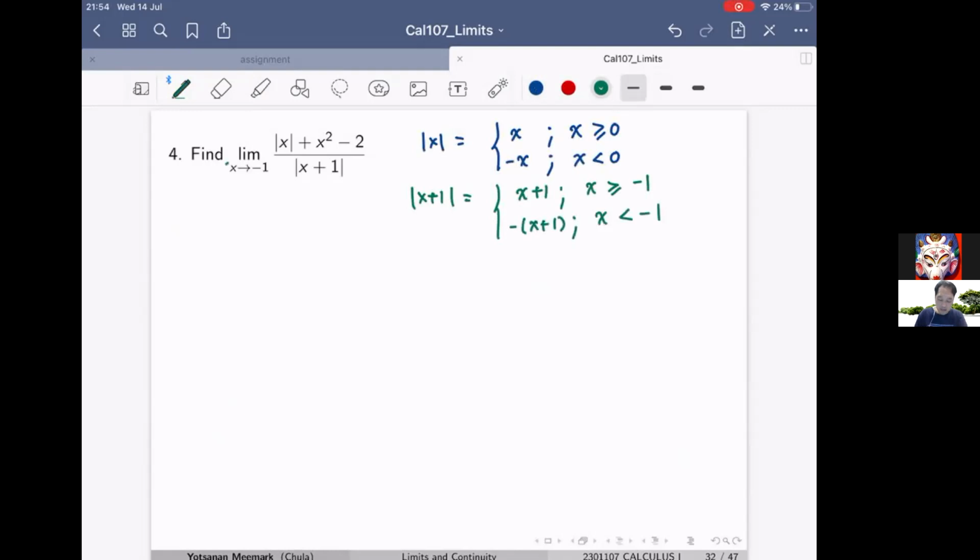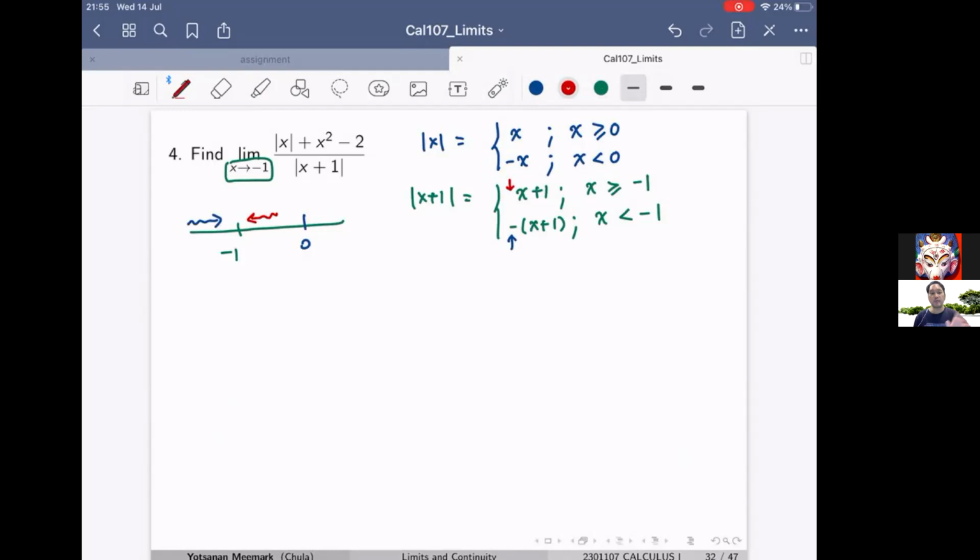And for this one, the limit is found as x approaches negative 1. So here negative 1 is where it becomes 0. If you go from the left of negative 1, you need to use this formula. If you go from the right of negative 1, you need to use the above formula.